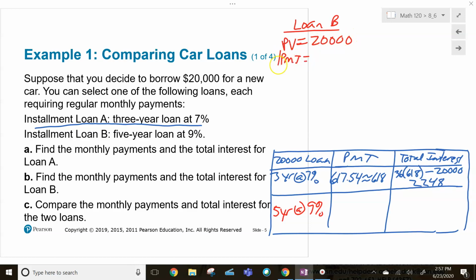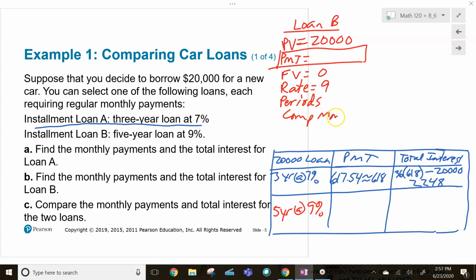We're going to figure out the payment. We're going to click that button. The future value of the loan is 0. At the end of 5 years, we owe nothing. That's the future value there. The rate on this loan is 9%. It compounds monthly. The mode is end. The periods, n times t, 12, but we're doing it for 5 years, so 60 payments.